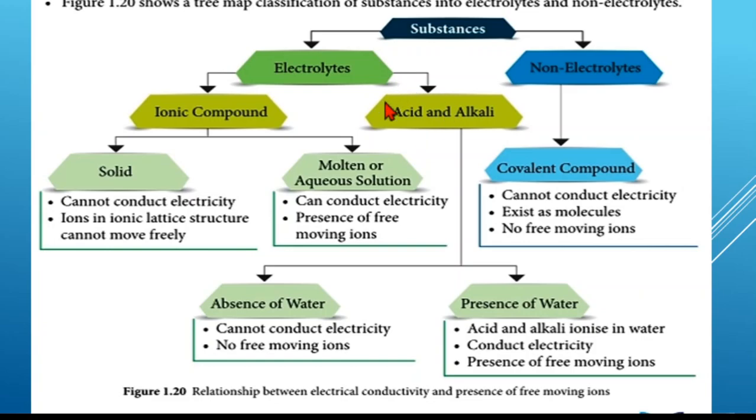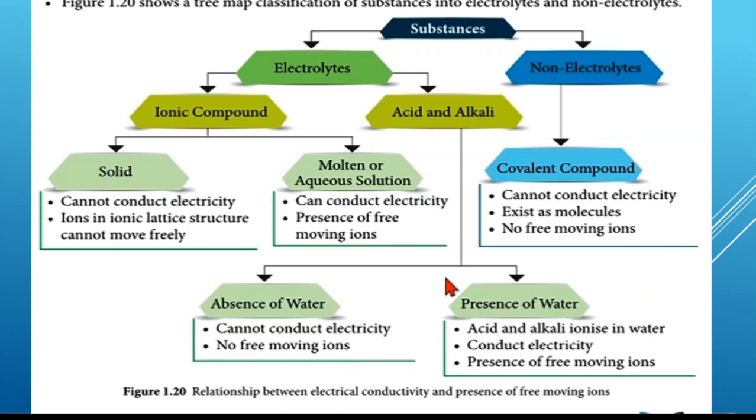Okay. How about acid and alkali? Acid and alkali di sini absence of water or presence of water. Kalau absence of water cannot conduct electricity because no free moving ion also. Acid and alkali dia memang under electrolyte. Tetapi kalau tidak ada air, dia tidak juga boleh conduct electricity sebab tidak ada free moving ion.